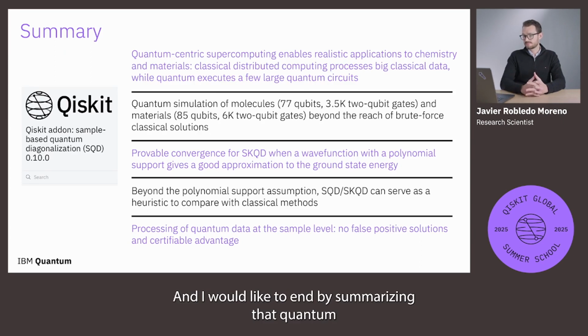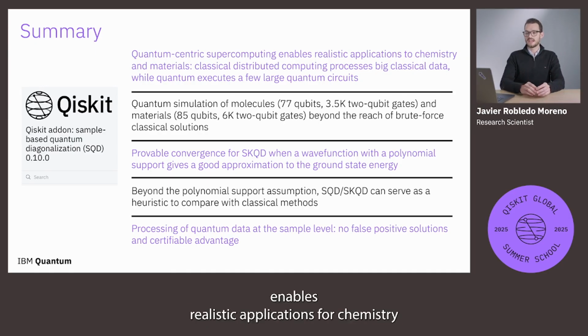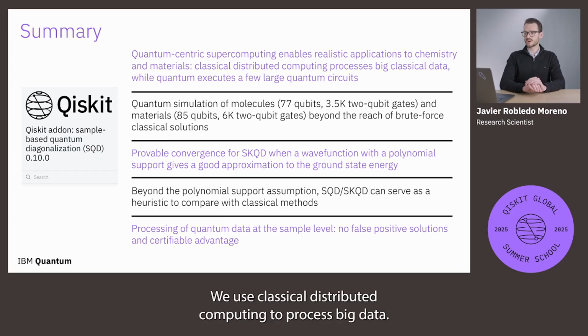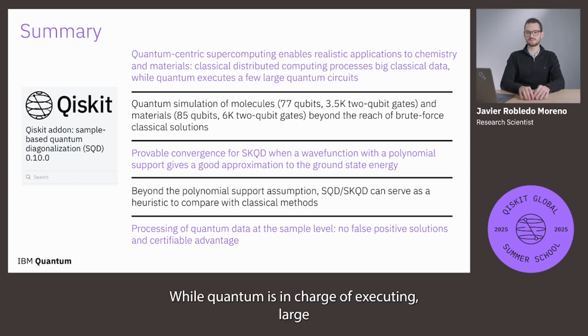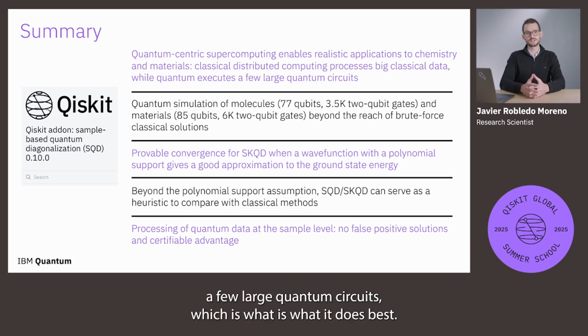And I would like to end by summarizing that quantum-centric supercomputing, and in particular sample-based quantum diagonalization, enables realistic applications for chemistry and materials in today's quantum processors. We use classical distributed computing to process big data, while quantum is in charge of executing a few large quantum circuits, which is what it does best.